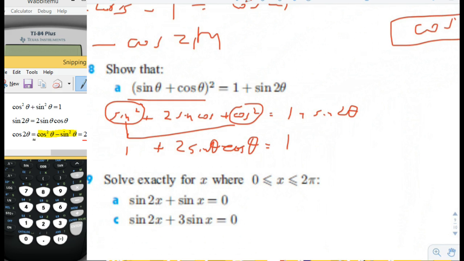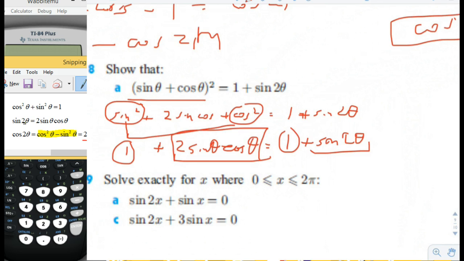And what do you know? 1 plus sine 2 theta. This part and this part are the same according to the double angle formulas, right? Look right there. 2 sine theta cosine theta is sine 2 theta. And so 1, of course, is the same. So we have shown that they are the same.